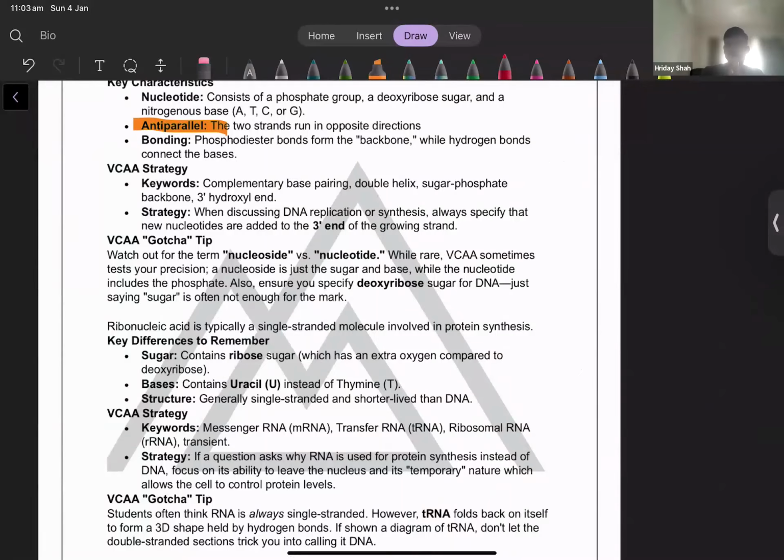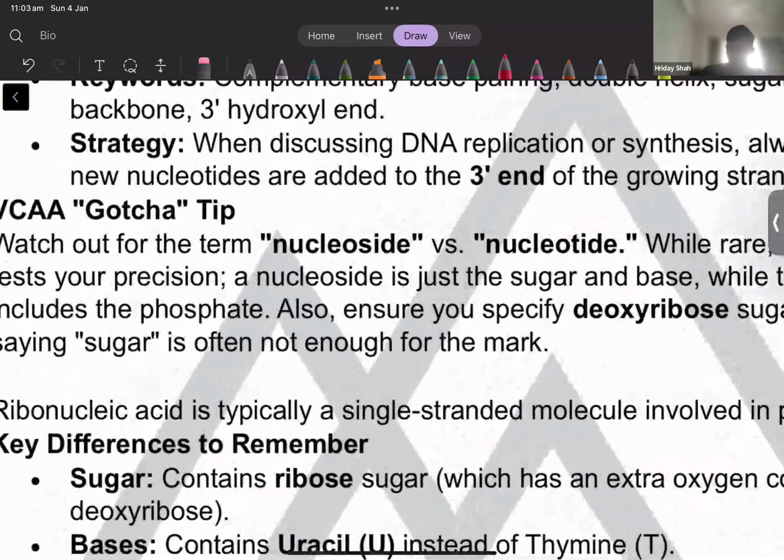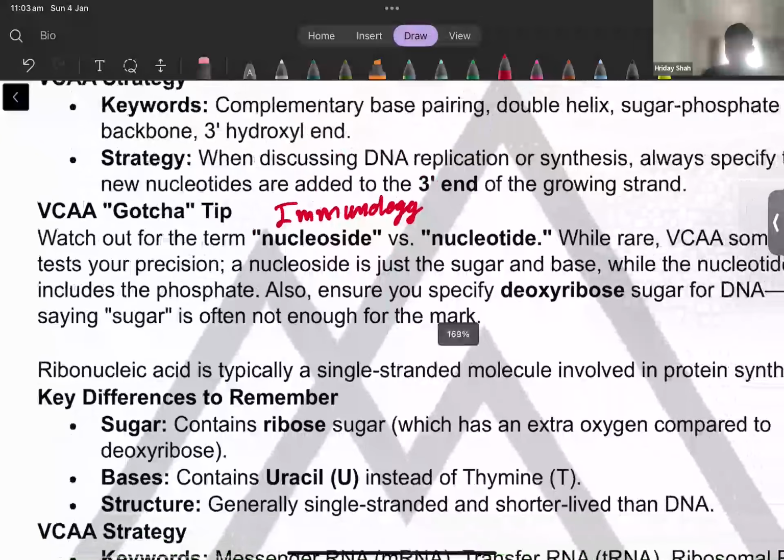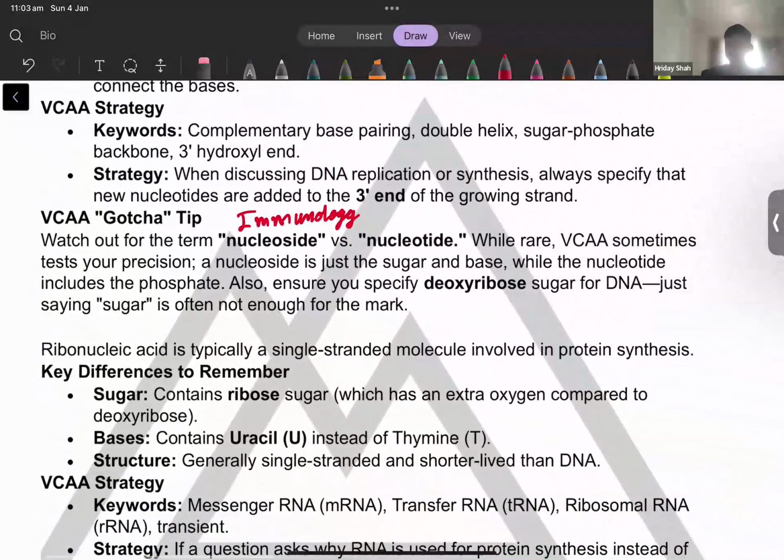One terminology to be aware of, we will actually cover this in immunology later in the year, but I'll just give you the word now. Is a nucleoside in comparison to a nucleotide, right? We've only studied nucleotide here, right? So that's all I want you to know or be very confident in. But you need to get the spelling correct.